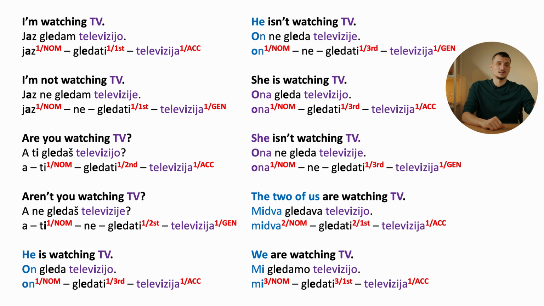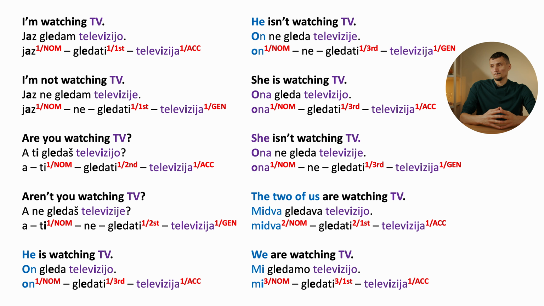Gledati is telling us put this infinitive in the singular first person, and that is the I form. So gledam is exactly that. Gledam is I watch. And then we have the word televizija, but we have to put it in the accusative case in our example, so it is televizijo.